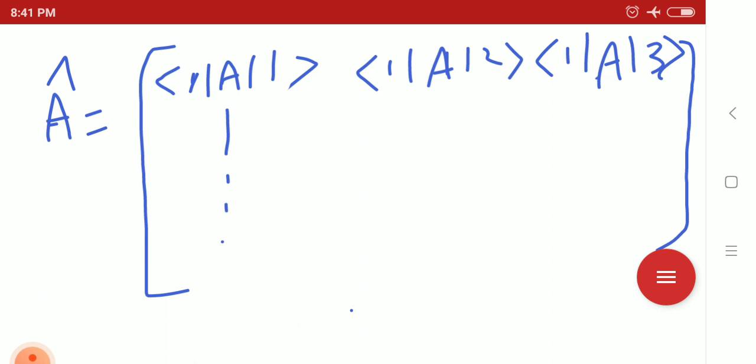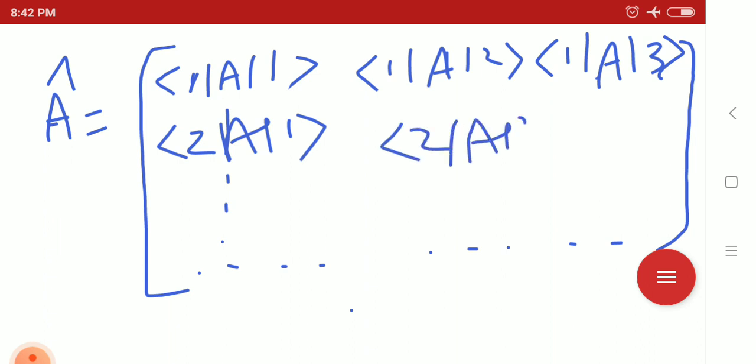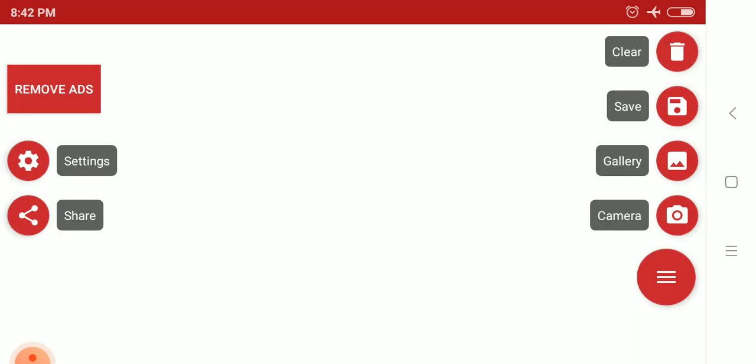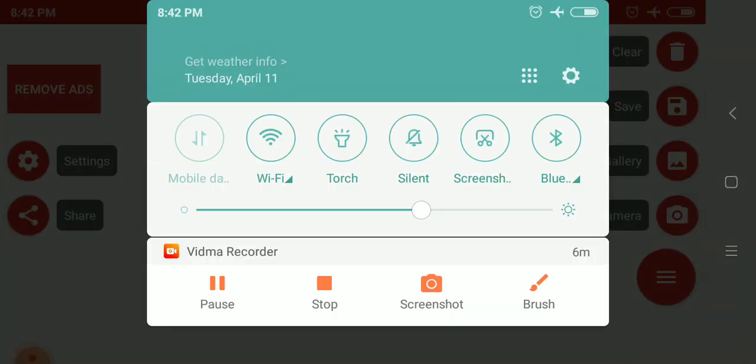Similarly, in this way we can write all the rows and columns: 11, 12, 13, 21, 22, 23, meaning bra 2 A ket 1, bra 2 A ket 2, up to bra 3 A ket 3. So this is how we can represent an operator in matrix format.